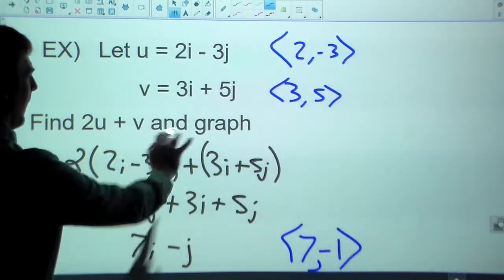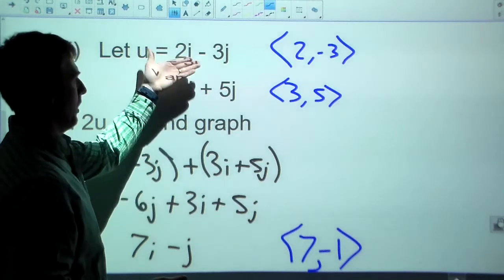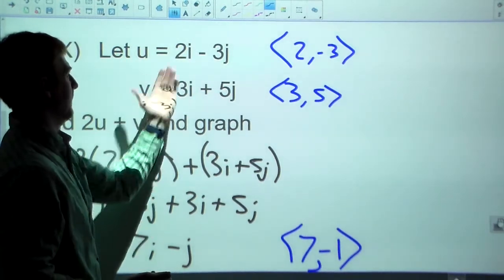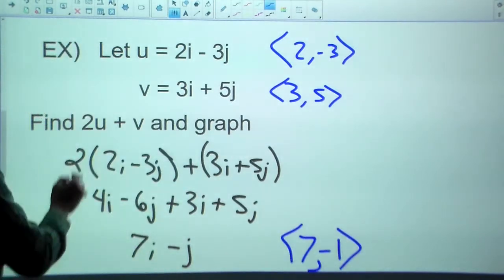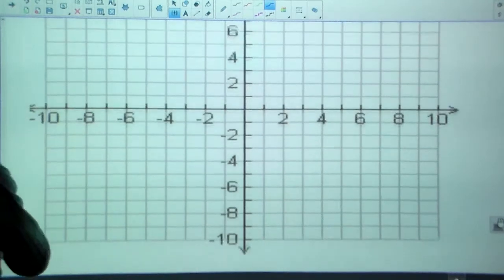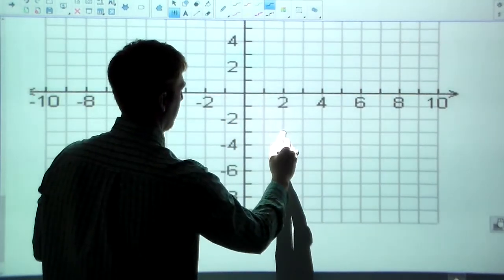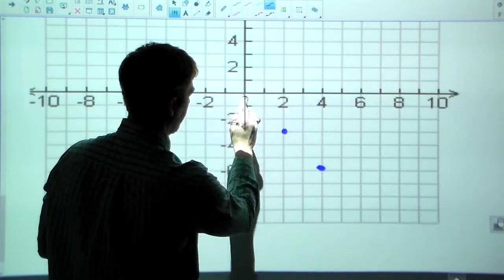All right, I did ask you to graph this, so let's take a shot at that. We can go with the over 2 down 3 idea in ij, or we can write it as a component if you need to think about that. But I am going to do 2 u's, so over 2 down 3 twice. So over 2 down 3, and then I'm going to do that one more time. So I'm at 4, negative 6 now.